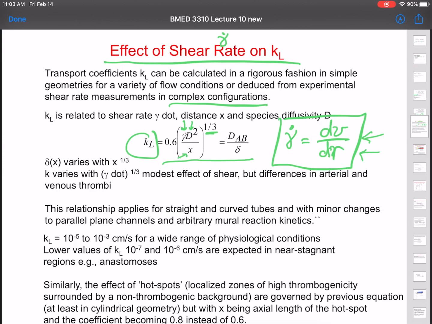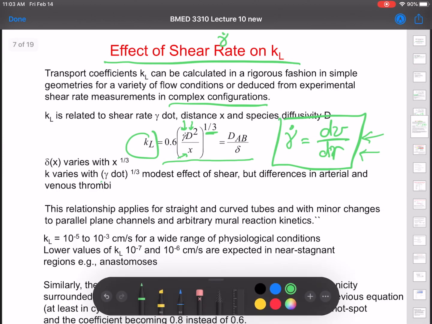One interesting point that she made is that the local mass transfer convection coefficient varies with the shear rate at a power of 1/3. So it's only a modest effect of the shear, but as you will find out in the fluid mechanics portion, there's a big difference in the shear rate between arteries and veins, which is much higher in arteries than it is in veins.